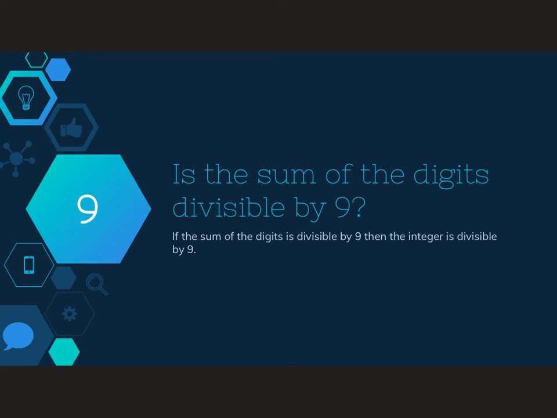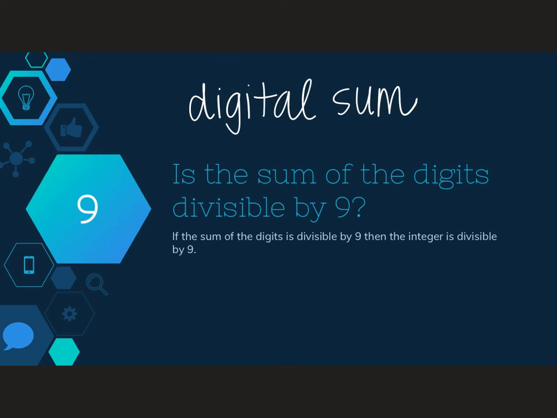For 9, this one is very similar to rule 3. Digital sum, so the sum of the digits, if that is divisible by 9, so you add the numbers that are in that number. And is it divisible by 9?